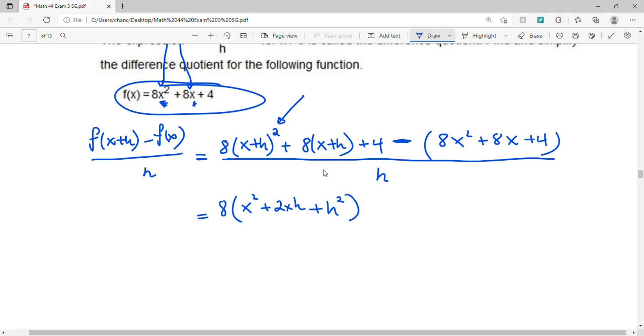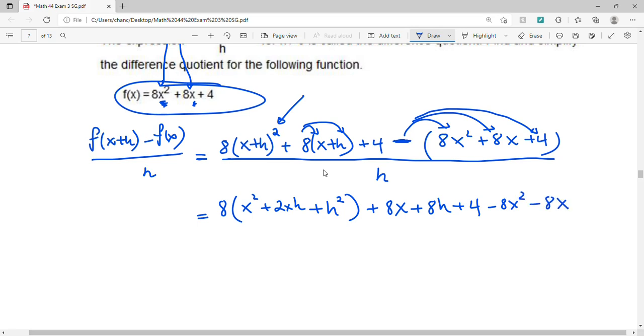I'm going to also distribute this to save myself a little time. This is 8x plus 8h plus 4. We'll distribute this negative throughout the second side here. That's negative 8x squared, negative 8x, and a negative 4.